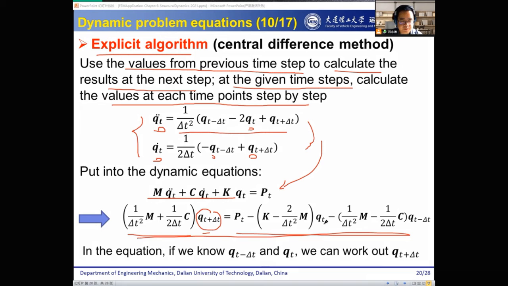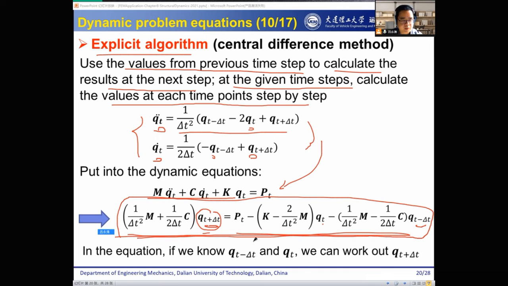Therefore you see the time t, time t minus delta t, and time t plus delta t. This is a very typical explicit equation.